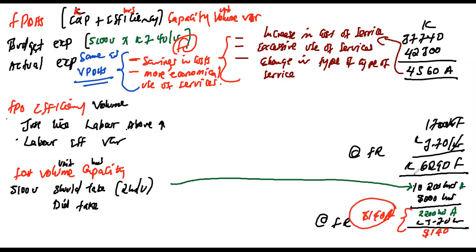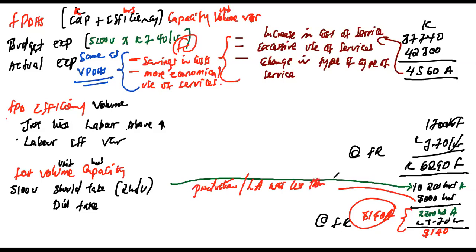So what could have caused this adverse variance? The volume variance. Now you see, if the volume variance is adverse, it could simply mean that the production or the level of activity was less than the budget. It is easy. So just say production or level of activity was less than budget.